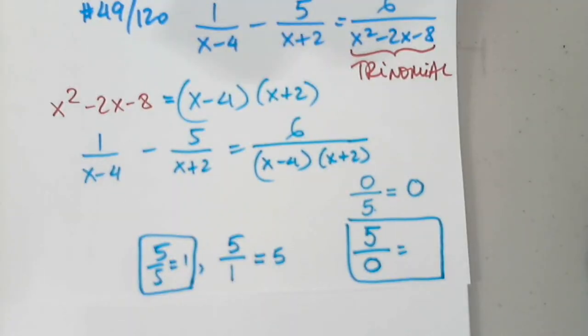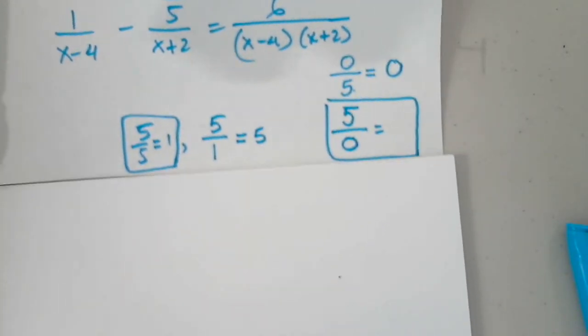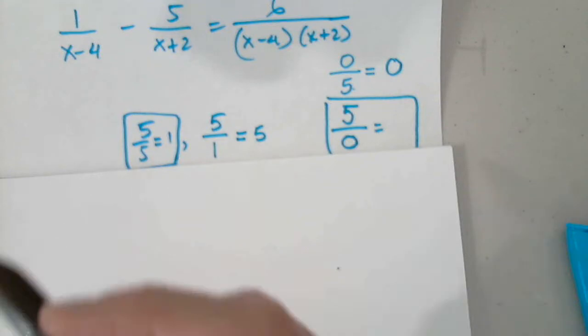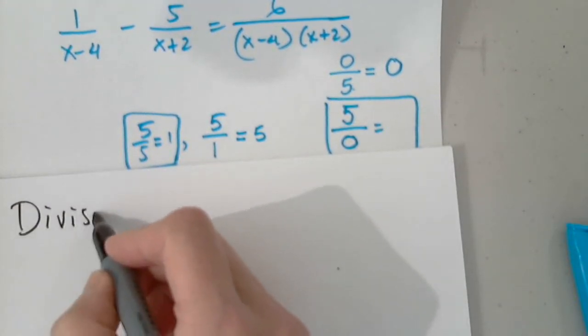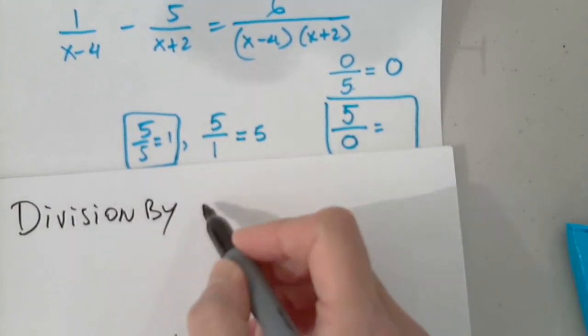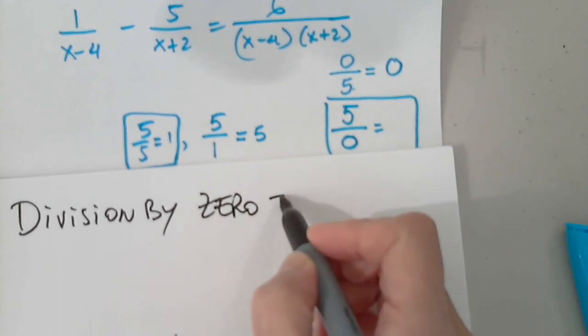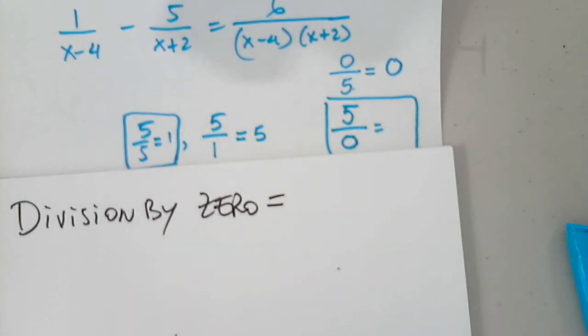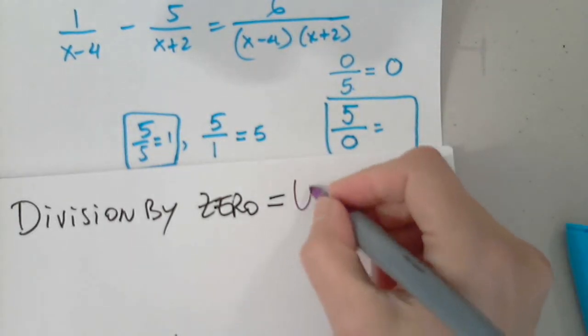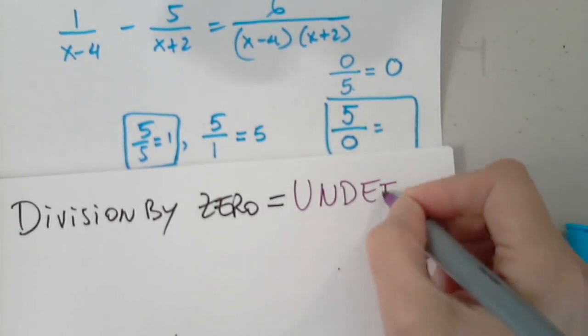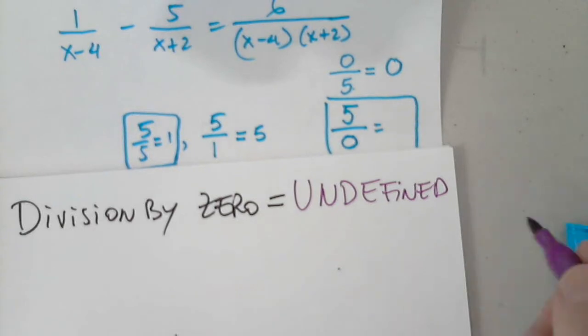Yes. Good. So does anyone remember division by 0? We have to write it down in capital letters. Division by 0 is, does anyone remember? Undefined. Thank you very much. This is a fancy word.